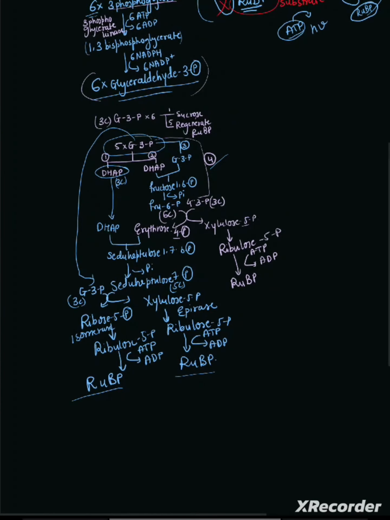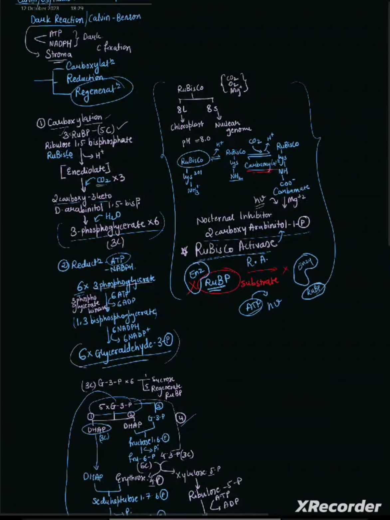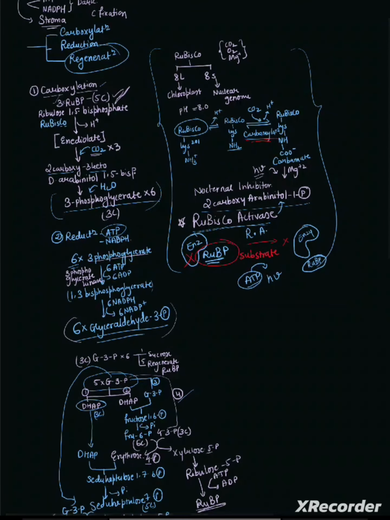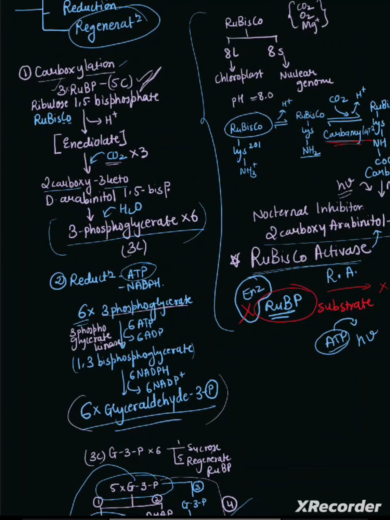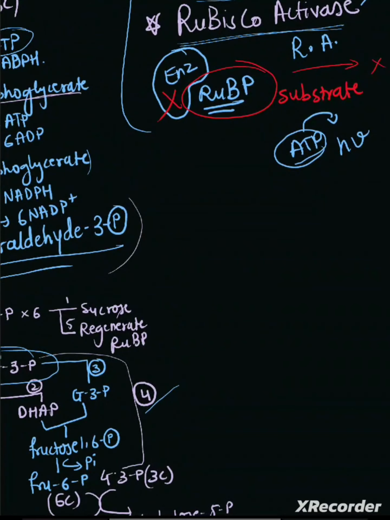Now I want you guys to remember certain important points. This looks very messy. You can draw this on your own step by step, and you will understand how this whole regeneration occurred. Basically, we have regenerated all these 3 RuBPs which we had utilized in the first step. Now how many carbon dioxide did we use? 3 carbon dioxides were used here for 3 RuBPs. Then we utilized 6 NADPH.